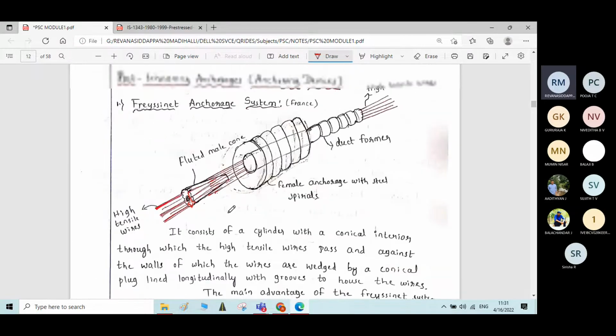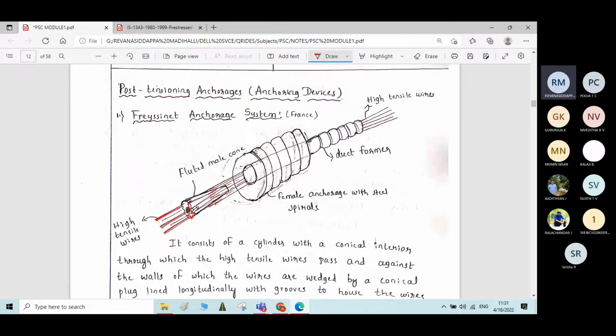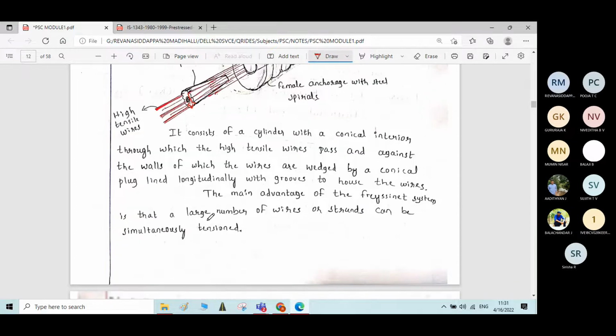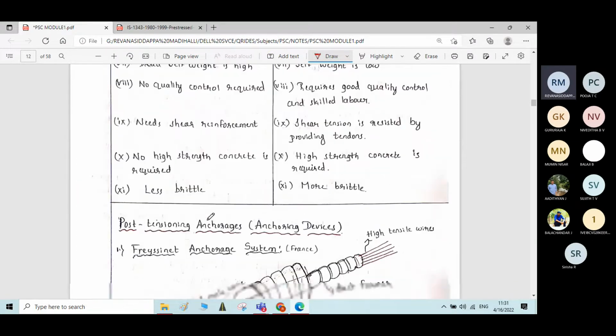Through these grooves, the tendons will be properly held in position, stretched to the required degree and released, so that stresses are induced into the concrete element.